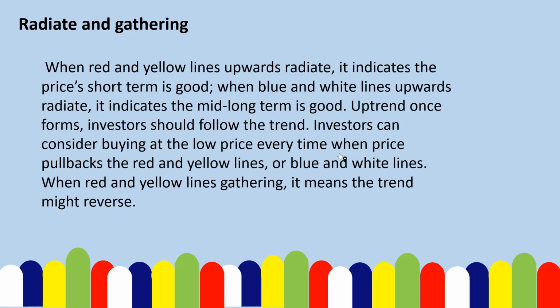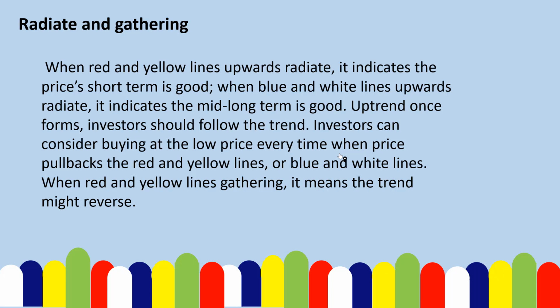Once an uptrend is formed, investors should follow the trend. We just follow the white line, then we can follow the direction, follow the whole trend. Investors can consider buying at the low price every time the price pulls back to the red or the yellow lines or blue lines or the white lines.